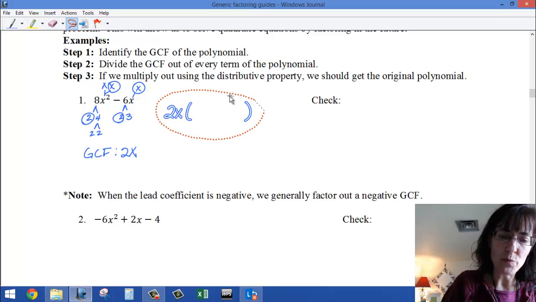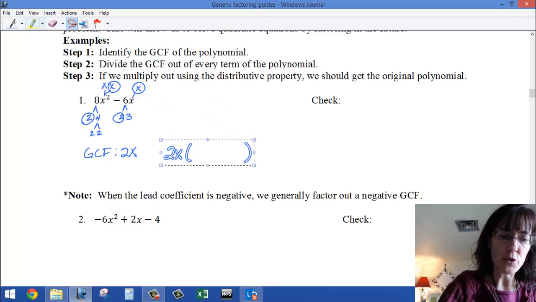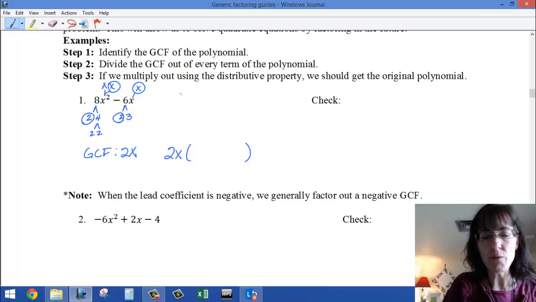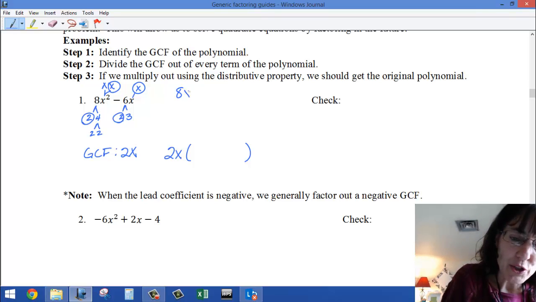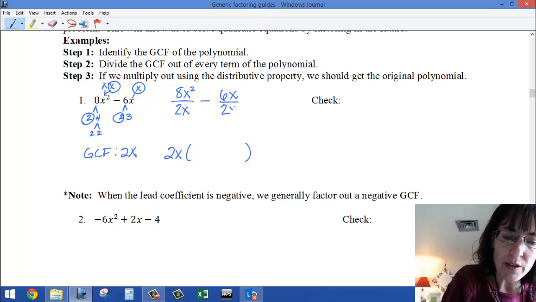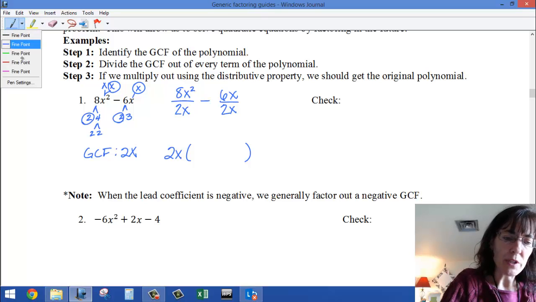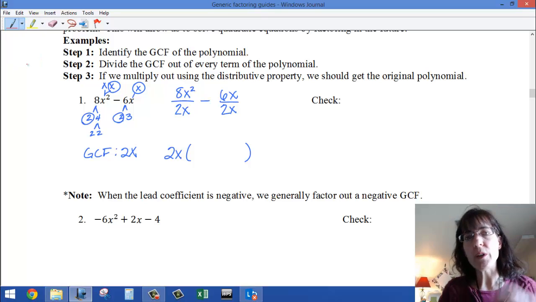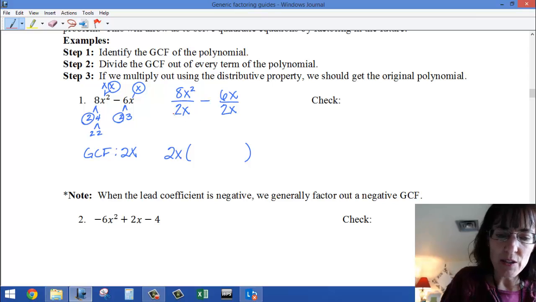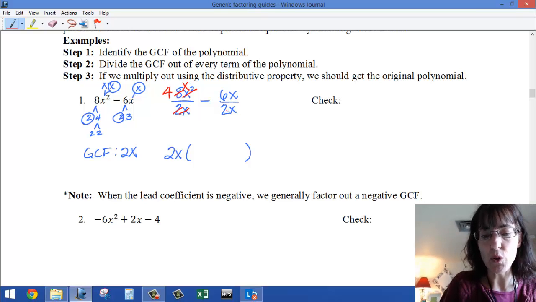You can do it mentally if that's working for you, or you can think about each term, 8x squared divided by 2x, and then minus 6x divided by 2x, and simply reduce each of them, which is what we're doing if we do it mentally. And the 2 goes into the 8 4 times, the x goes into the x squared, and we have an x left over.